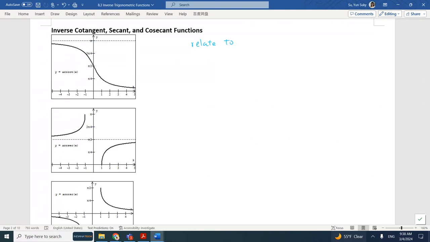When you see inverse functions, you try to relate them to the inverse sine, inverse cosine, inverse tangent, and inverse cotangent.